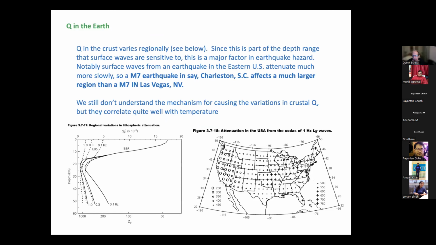As I said earlier, surface waves in the eastern part of the United States see higher Q than surface waves in the west. What this means is an earthquake in the east will be felt over a much larger region than earthquakes in the west. We don't really understand the mechanism causing the variations in crustal Q. It's probably thermal, but it may be more complicated than that.